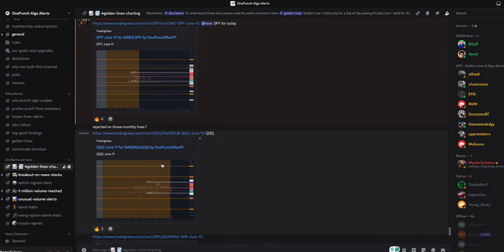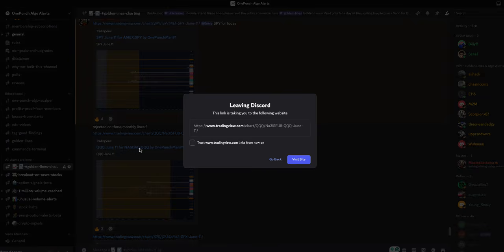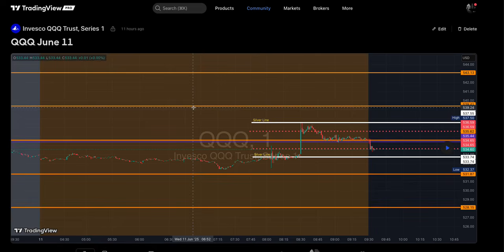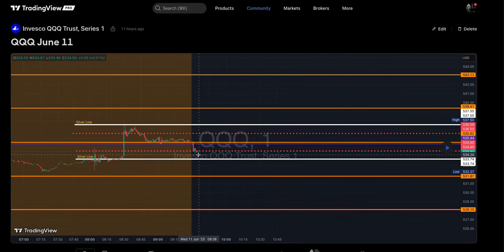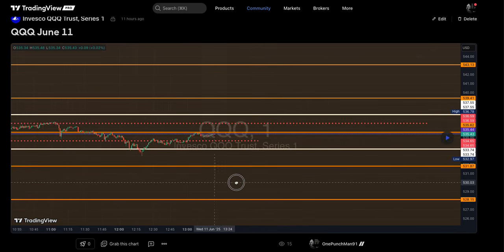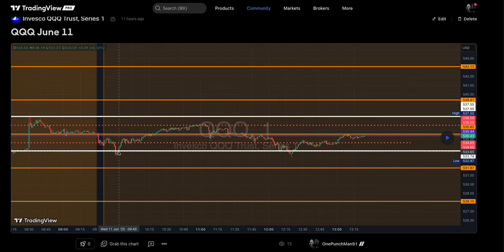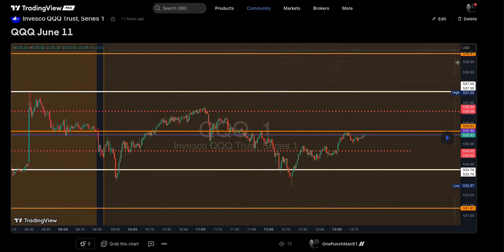If you check the bigger picture, you can see when these lines touch, they react, right? So it's not that we created these lines after it happened. We forward forecasted those lines. So again, I will show you this one here, June 11, and that's where I did post. As you can see, the price started to react on the silver line, on the bronze line, and then also the golden line, and then the purple, which is the monthly, it had a nice crash on the price.